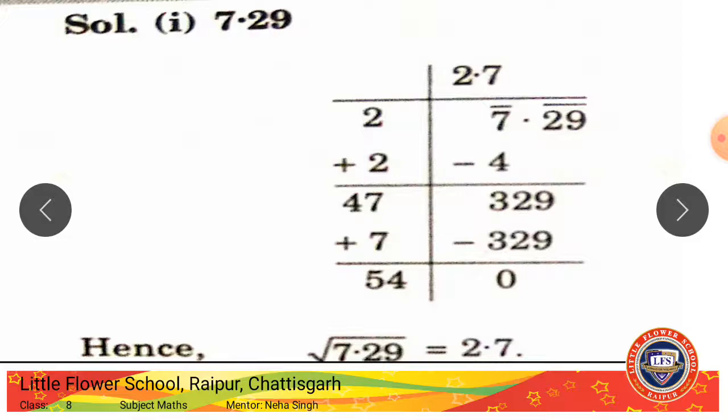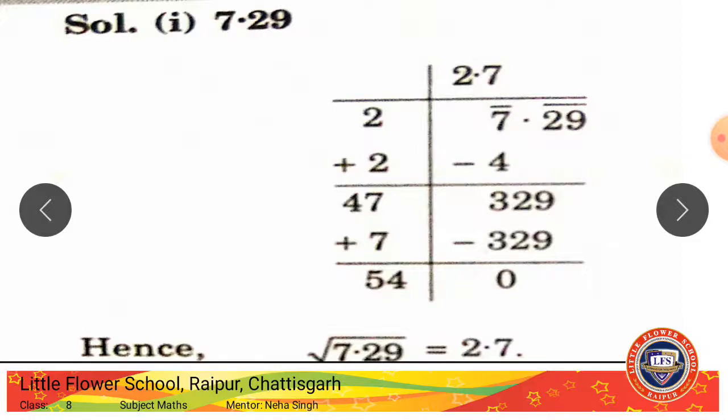In the previous questions you were making pairs from the units digit of the number. In this you will make the pairs from the right hand side and left hand side of the decimal. Suppose this makes one pair and this makes one pair. Here we can add a 0, we can write this number 7 itself.